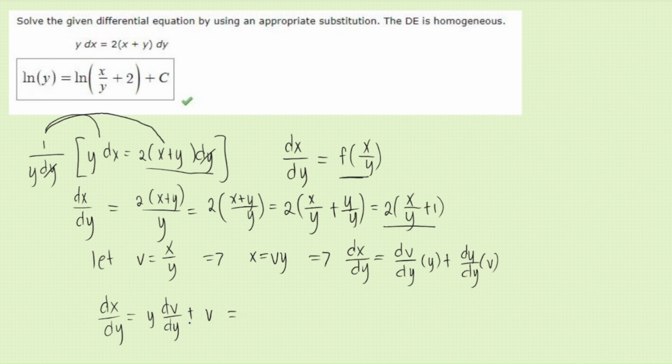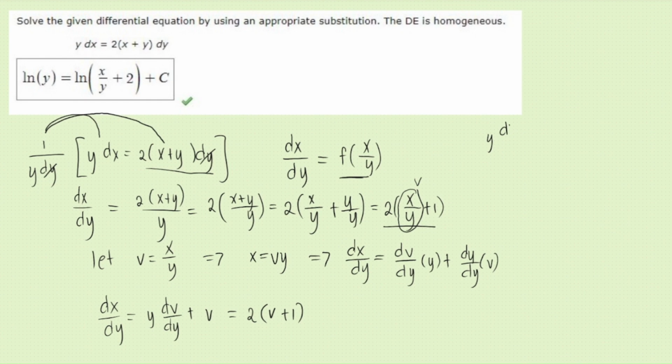But our dx over dy is just this one, 2 times (x over y plus 1). And our x over y is v, so we change the x over y to v. So we now have 2 times (v plus 1). Okay, so let's solve for dv over dy so that we can easily integrate.